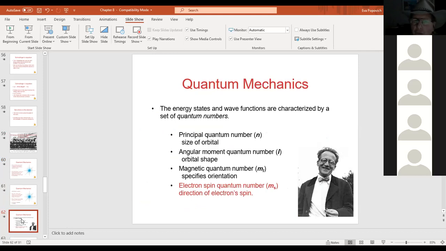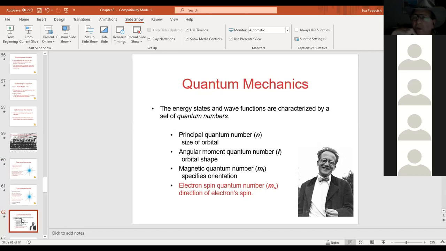If you solve Schrodinger's equation, you solve it for 4 quantum numbers. The first one is called the principal quantum number, and that tells you the size of the orbital. Basically, it's what you know as shells. We also solve it for the angular momentum, L. That will tell you the orbital shape.